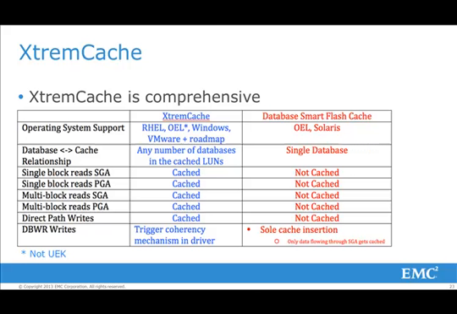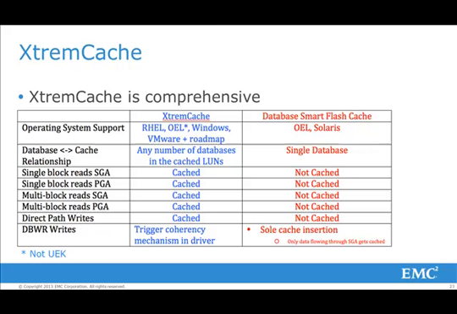An example, 11G R2 clusterware fully supports running 10G database instances underneath it. So what does this mean? Well, this means that you can have 11G and 10G databases living in accelerated LUNs, all being accelerated by XtremCache. And that's just simply not the case with a single database to flash relationship like you get with Database Smart Flash Cache.